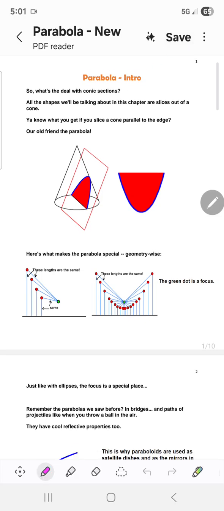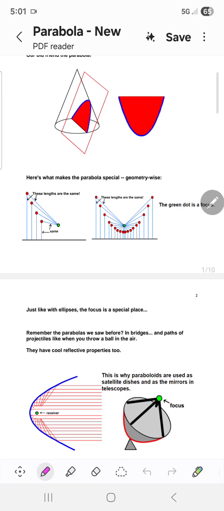All right. So, a couple neat things about parabolas is that from the focus, if you take a line from the focus to any point on that parabola, and then from that point on the parabola straight down to the directrix, this line is the directrix, these distances will be the same, which is kind of cool.